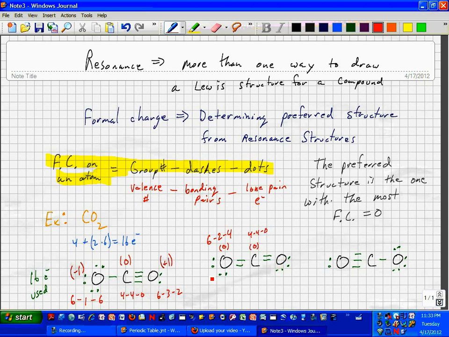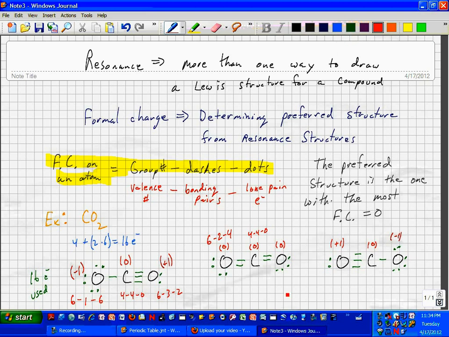And this oxygen is the same as the other one: 2 dashes and 4 dots, so I'm not going to recalculate. I know it's 0, identical to this side. The other structure I pretty much calculated over here: this is going to be -1, this is 0, and that triple bonded oxygen is going to be a +1. So the preferred structure is this middle one with the 2 double bonds.